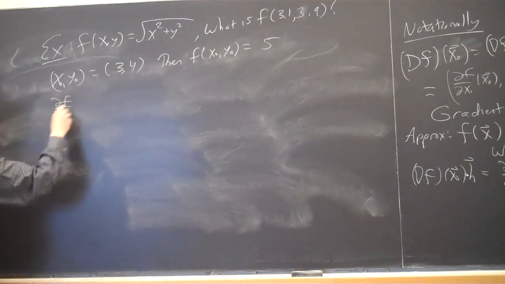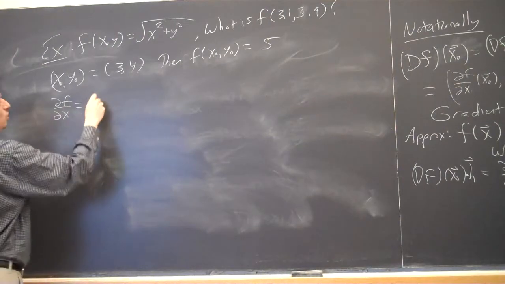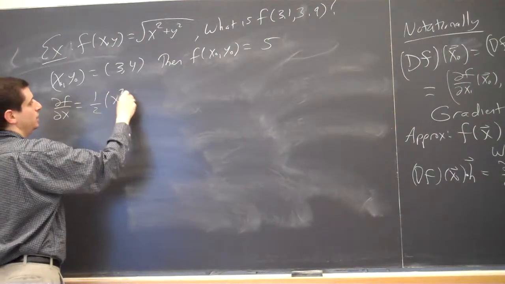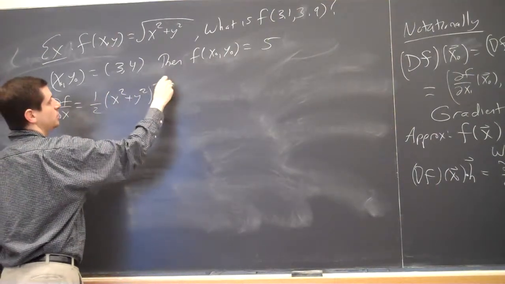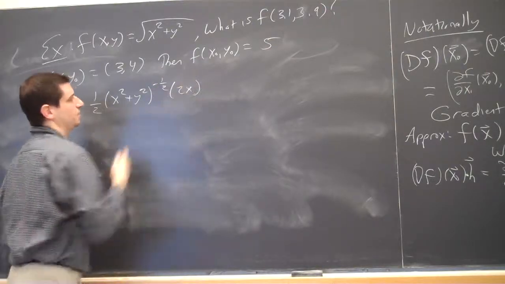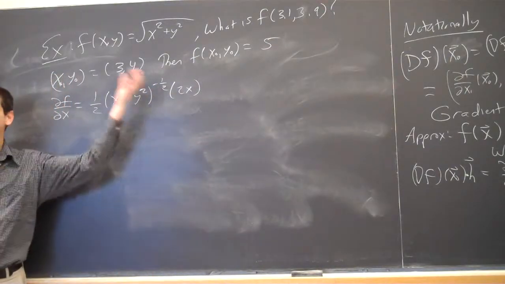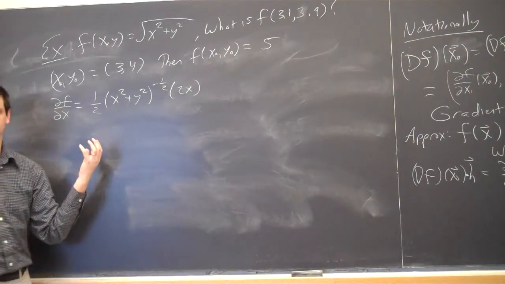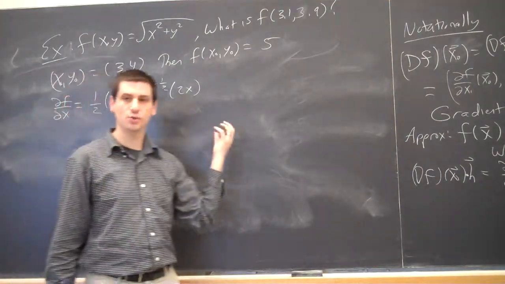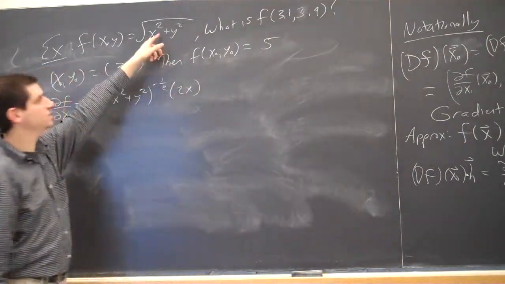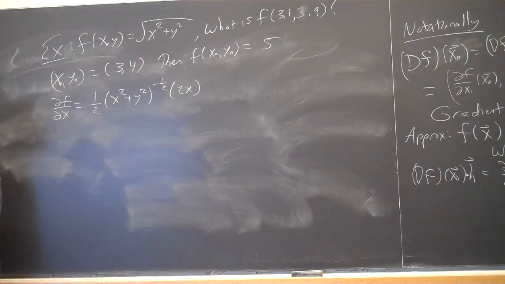So df dx is going to be 1/2 times x squared plus y squared to the minus 1/2 times 2x. Again, this is a good way for us to just practice our partial derivatives. I'm taking the derivative of this with respect to x. I have something to the 1/2 power. The 1/2 comes down.